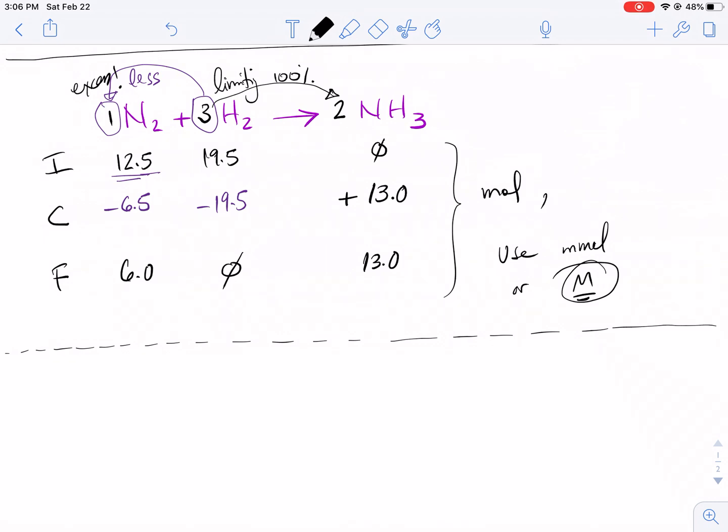So you can't just put in the individual molarities of these chemicals. You have to work with the molarity in the mixed state at time 0, right at the initial point of mixing them. So you have to do that calculation before. Or you can just work with millimole and then divide by the total volume and you get molarities at the end. Again, the trick is to practice with these and watch these videos over and over until you get these ideas. That's it.